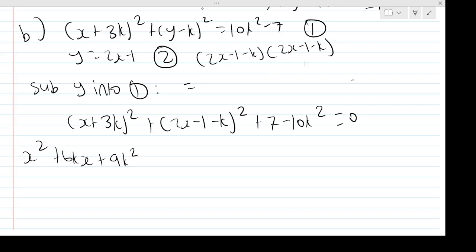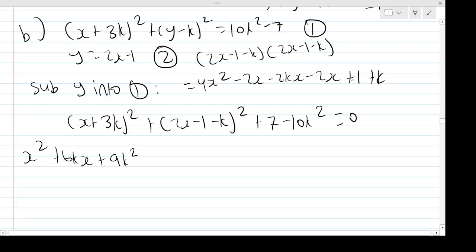So we're going to get 2x times 2x be plus 4x squared. Then 2x times minus 1 will be minus 2x. Then 2x times minus k will be minus 2kx. Then we do the same for the next term there, minus 1. Again, times it by everything in the other bracket. Minus 1 times 2x will be minus 2x. Then minus 1 times minus 1 will be plus 1. Then minus 1 times minus k will be plus k.